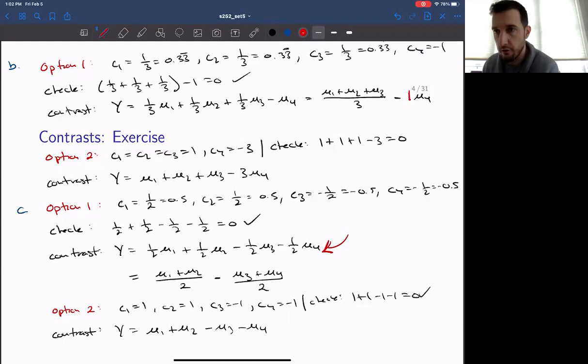Now, what can we do with a contrast? Well, we can build confidence intervals and we can construct hypothesis tests. Just like we learned in the 2 sample inferential case, in the 1 sample inferential case, and even for the ANOVA, we can conduct statistical inference about this population quantity.